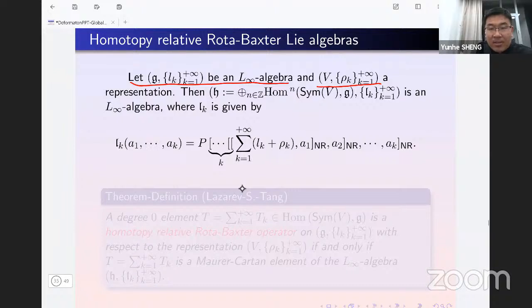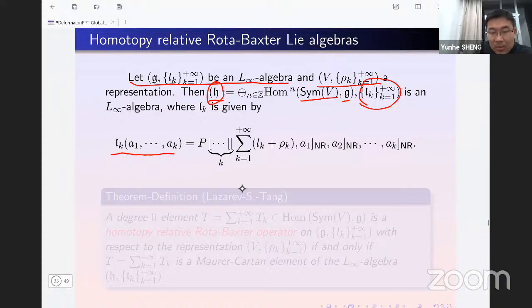And then we consider this graded vector space H. The degree n part consists of degree n linear maps from the graded vector space Sym(V) to the graded vector space G. And on this graded vector space H, there is an L-infinity algebra structure, l_k, and l_k is defined by this formula. So l_k of A_1 up to A_k is equal to this formula.